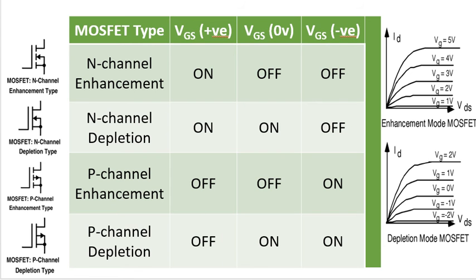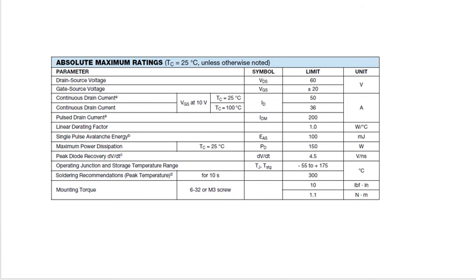Okay, now let's move on to understand the MOSFET datasheet. Every MOSFET manufacturer provides absolute maximum ratings for each MOSFET, and this is the screenshot of a datasheet of an N-channel enhancement mode MOSFET, and these are the maximum limits.